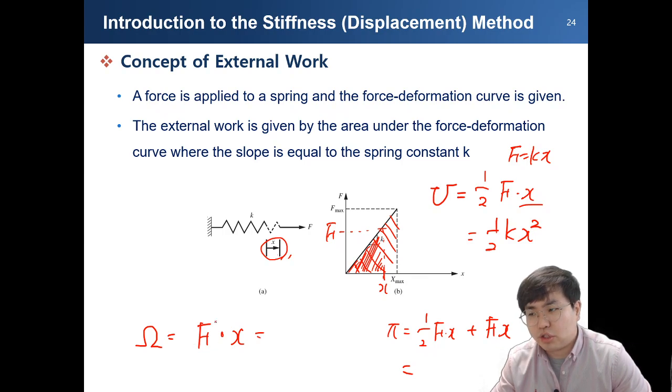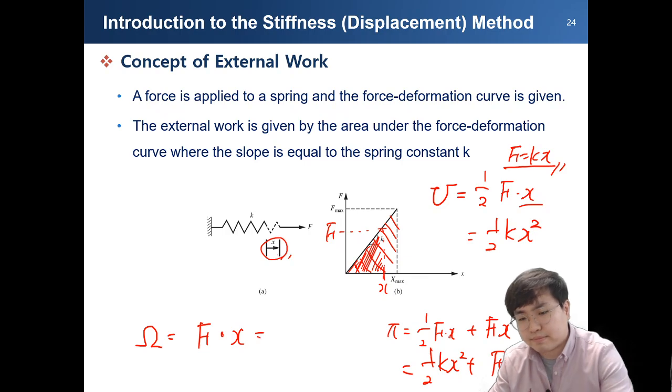We don't need to change this part, because this part is external energy, so it stays as F itself. But this part, the force, can be expressed like this with the spring relationship, so maybe we can use those kinds of equations here.